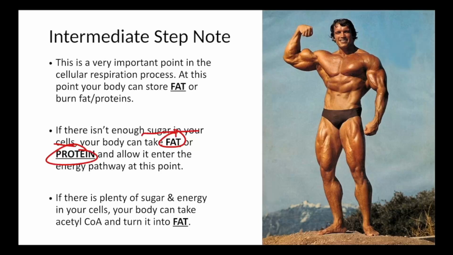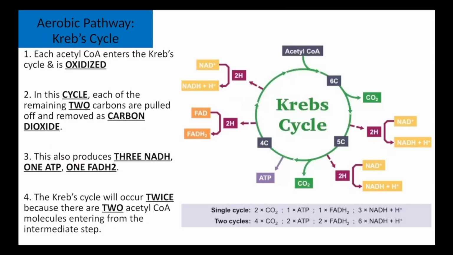So it's going to go to the next easiest molecules to break down, which are fat and proteins. They're not as easy to break down as glucose, so they're not going to be used when sugar is available, because sugar is just so much more efficient. That's why we say sugar is that quick energy. But this could be a way to burn that fat.